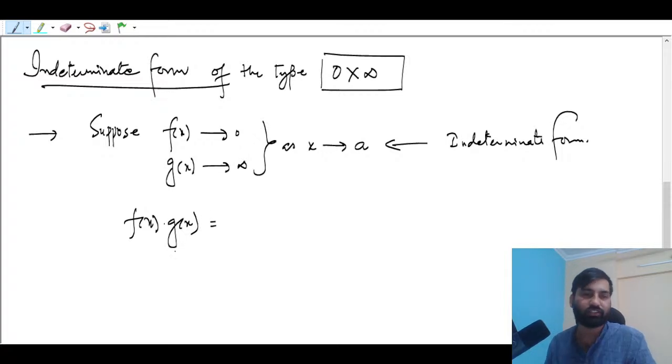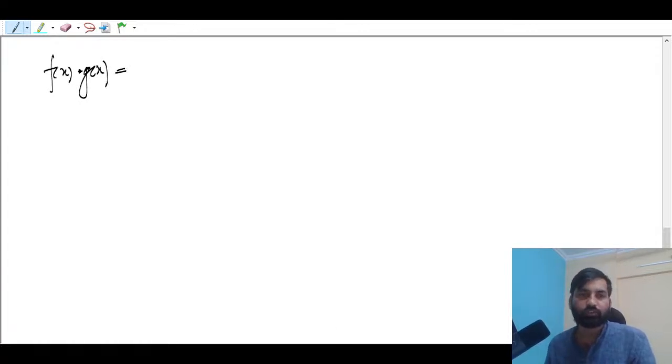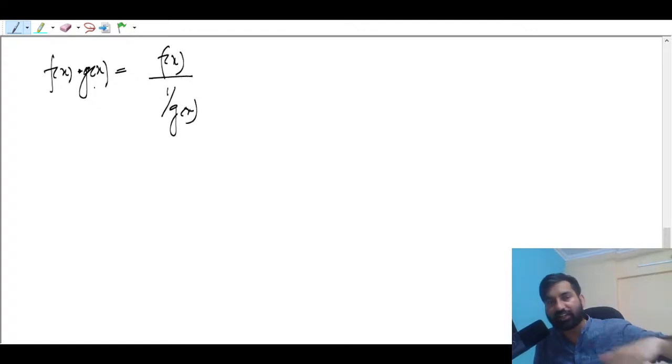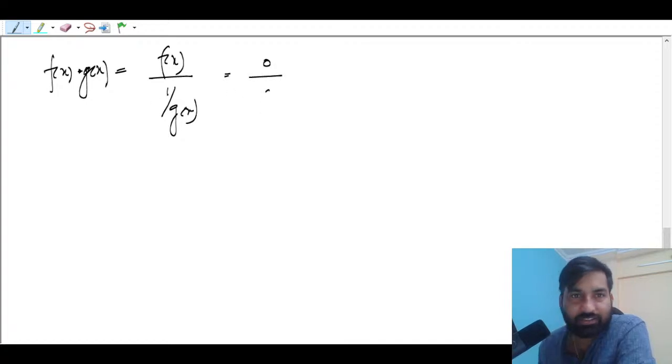So what you can do here is write this f(x) into g(x) as f(x) divided by 1 by g(x). You take g(x) into the denominator, so it will be 1 by g(x). f(x) is 0, and 1 by infinity is also 0, so this is nothing but 0 by 0 form, and you can apply L'Hopital.